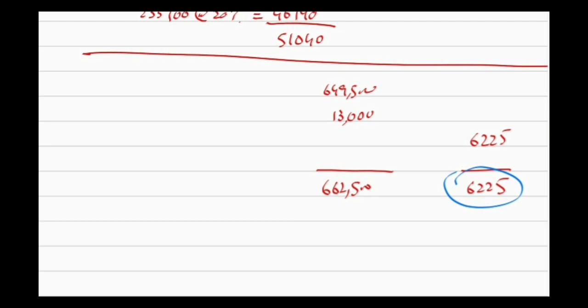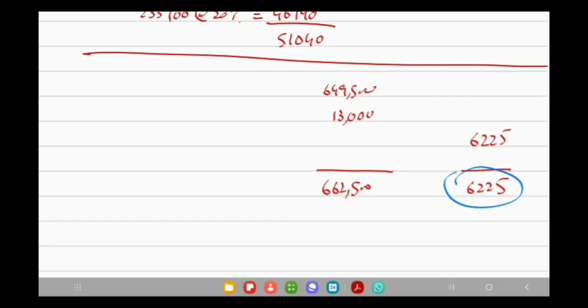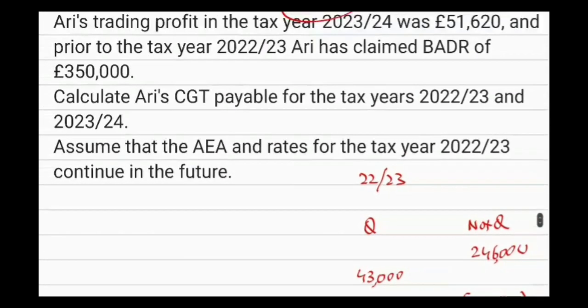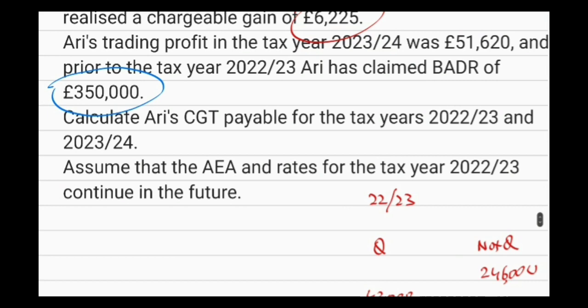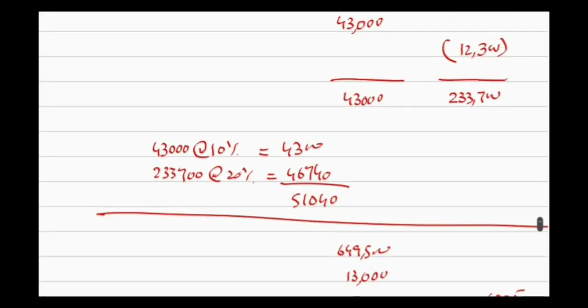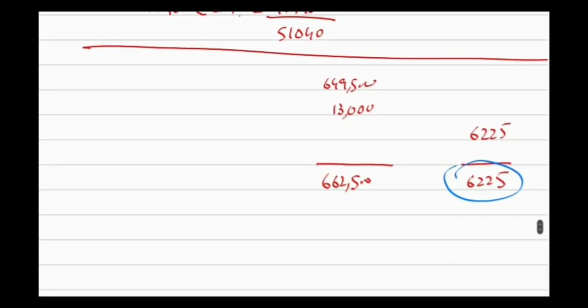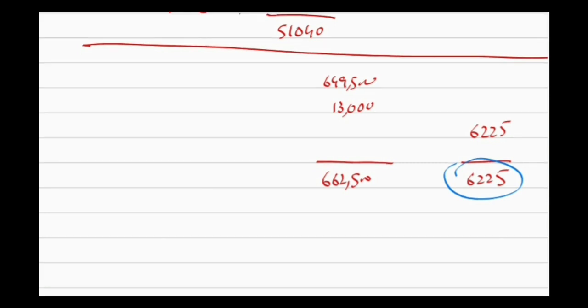In this question they have mentioned that 3,50,000 of BADA relief has been claimed previously. In the previous year 22-23 we claimed BADA relief on 43,000. So in total, 3,93,000 of business asset disposal relief has been claimed: 3,50,000 before 22-23 and 43,000 in 22-23.